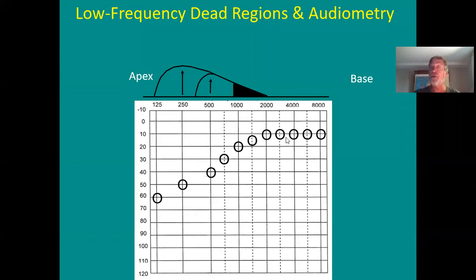Okay, so it's going to look like you have a mild reverse hearing loss, a mild rising hearing loss. So this loss could be real, or it could be because all the hair cells are dead and you don't really know. You know how the best thing you can do is ask the person what this tone sounds like.